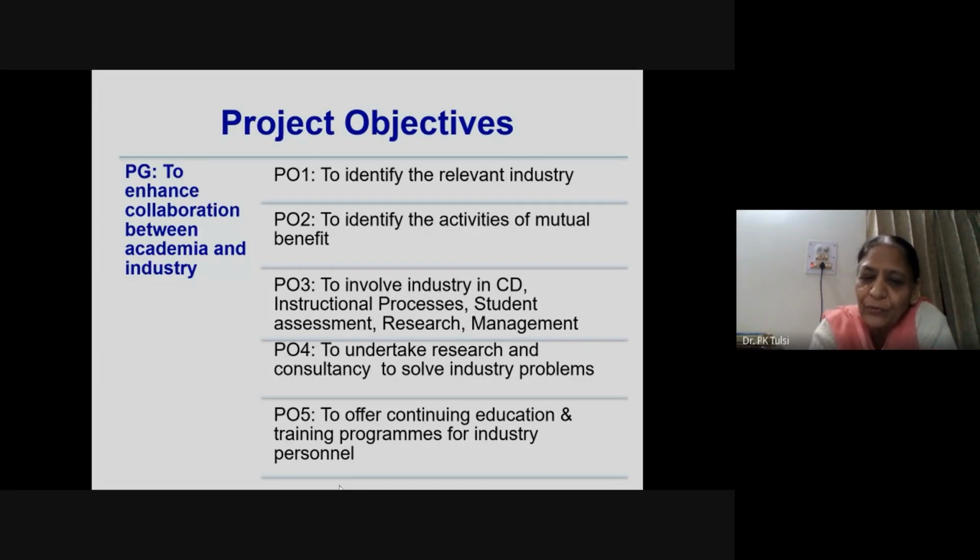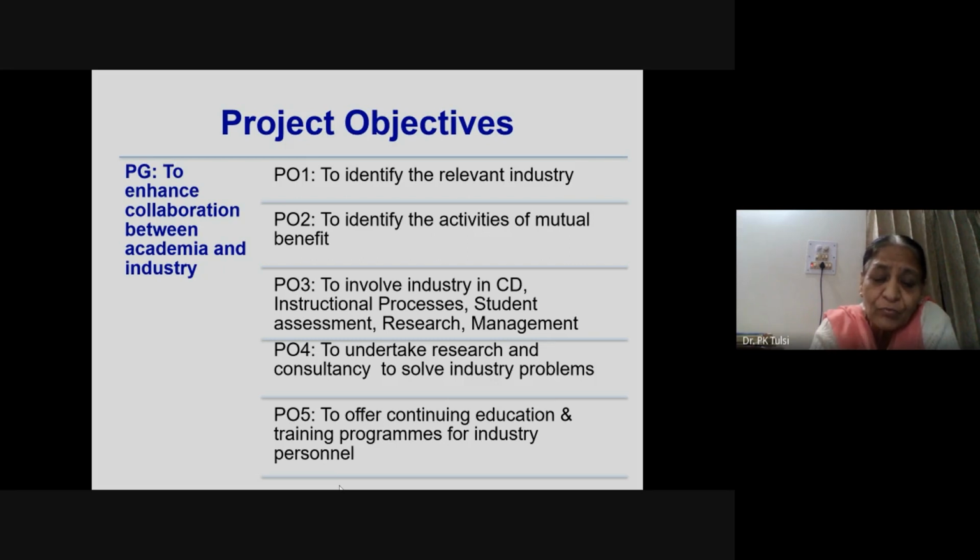Then to undertake research and consultancy to solve industry problems. So academia needs to provide that kind of service to the industry. Then to offer continuing education training programs for industry personnel. So maybe for the diploma holders, you have a program to update, upskill them.